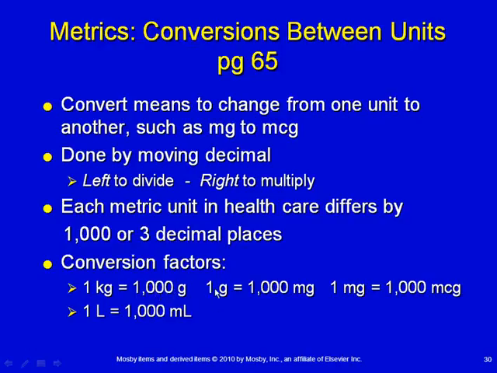To go from a gram to a milligram, again we moved it 3 to the right. 1, 2, 3. To go from a milligram to a microgram, we move it 1, 2, 3. From a liter to a milliliter, you would take the decimal that would be here and you move it 1, 2, 3.